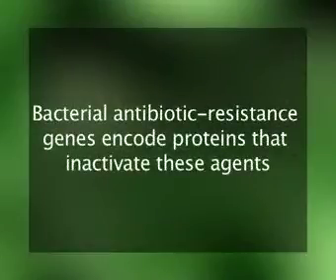Antibiotics are antimicrobial agents that can be classified based on their mode of action. Bacterial antibiotic resistance genes encode proteins that inactivate these agents either by preventing their accumulation in the cell or by inactivating them once they have been imported.